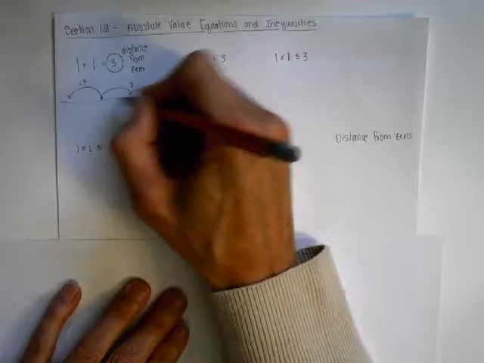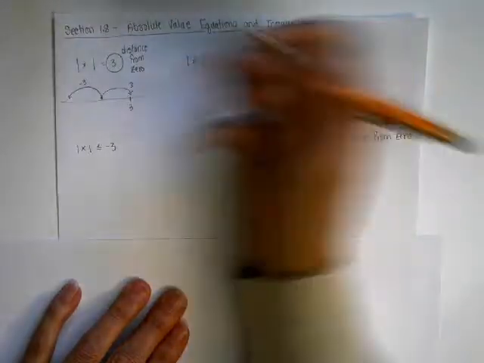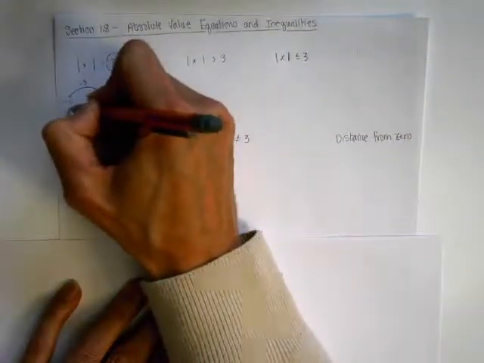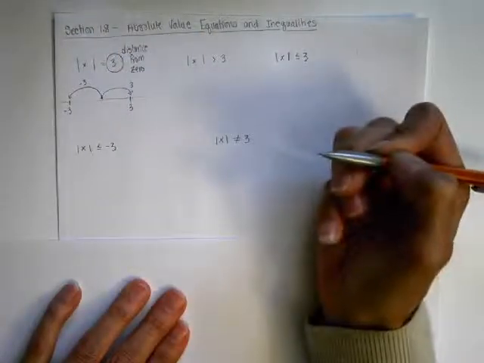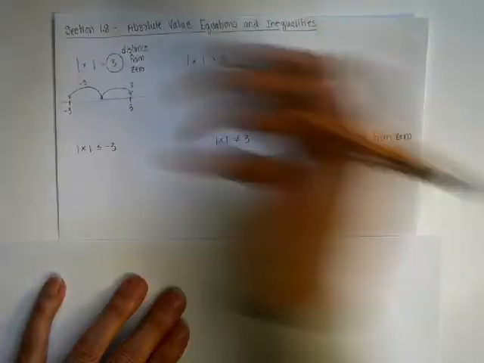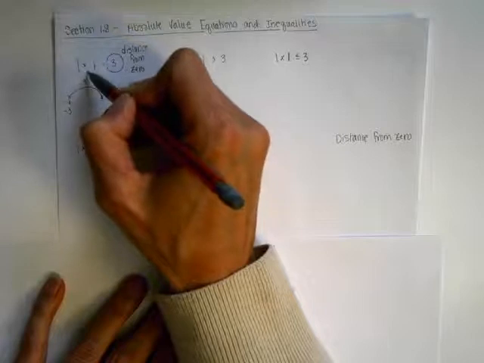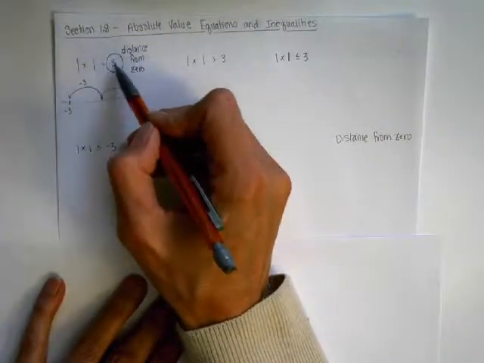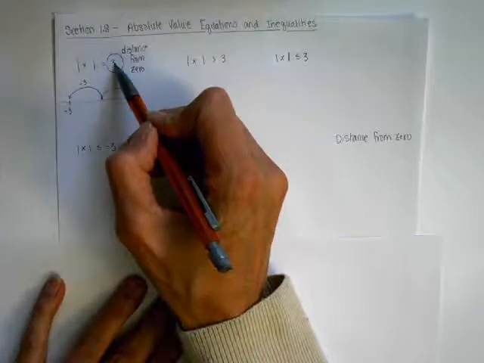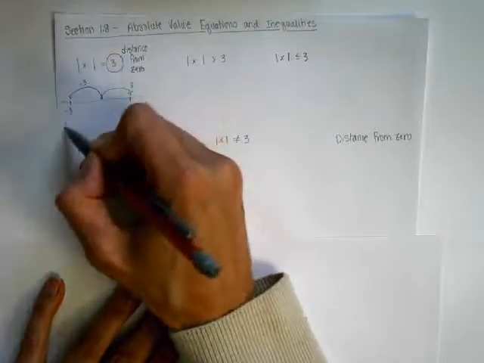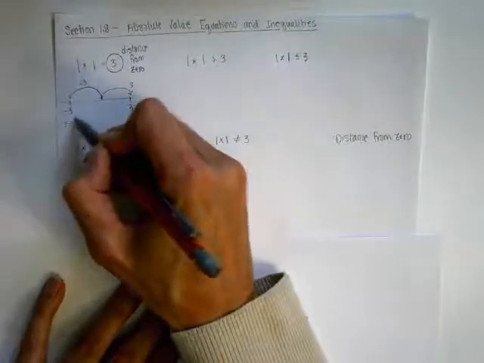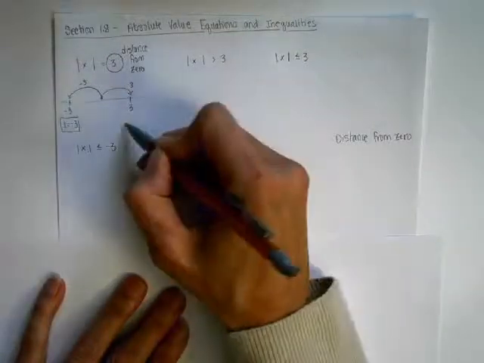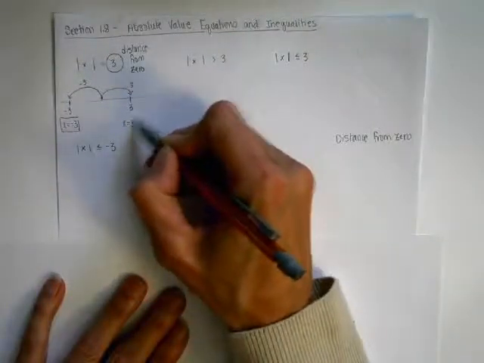Positive 3 is a distance of 3 away from 0, and also negative 3 is a distance of 3 away from 0. So since there's nothing in the middle with the x, the two numbers that are a distance of 3 away from 0 are x equals negative 3 and x equals positive 3.